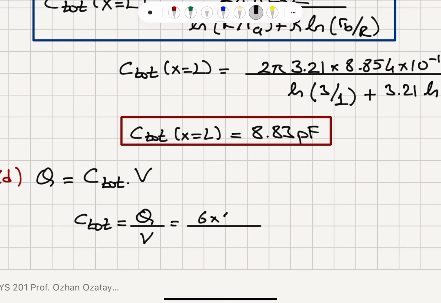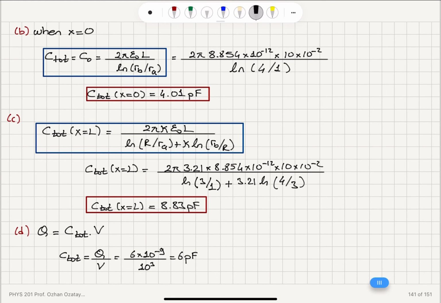So 6 times 10 to the minus 9 divided by 1 kilovolt, 10 to the 3 volts, is equal to 6 picofarads. All right, and we're trying to solve for x that gives us this value of capacitance, 6 picofarads.